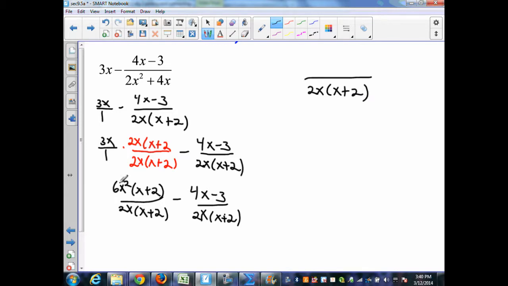And now I can distribute the 6x squared, which will give me 6x cubed plus 12x squared. And I can't forget, I need to distribute that minus sign, or that negative. So that's a negative 1 times 4x, which is a minus 4x.